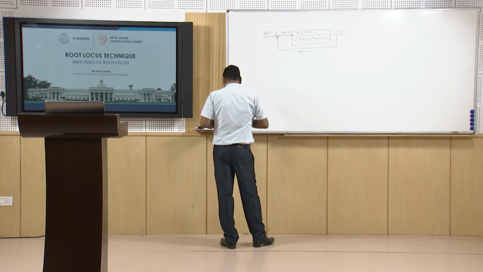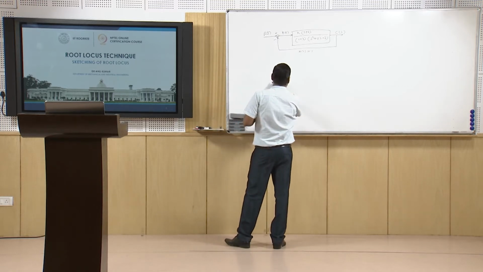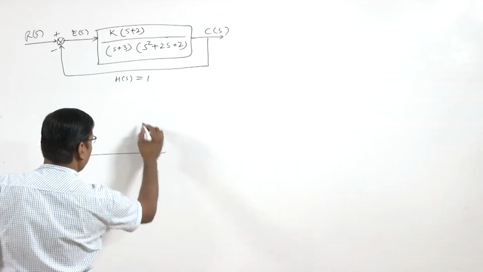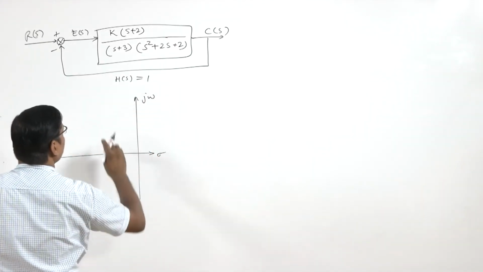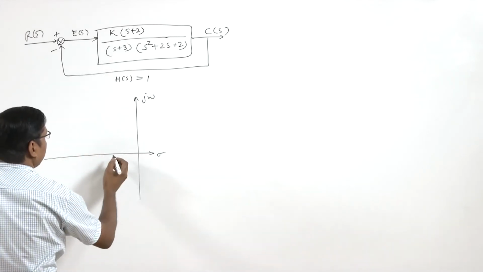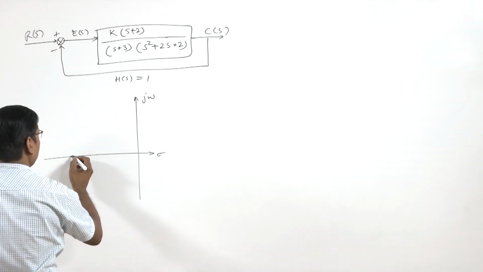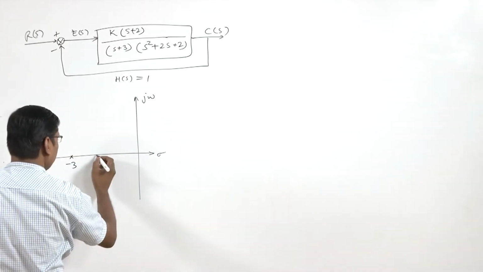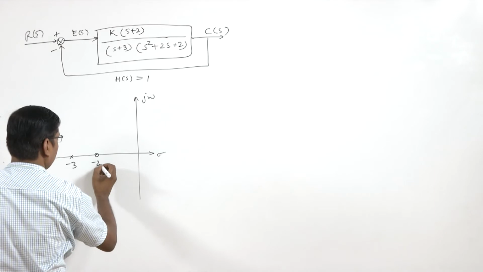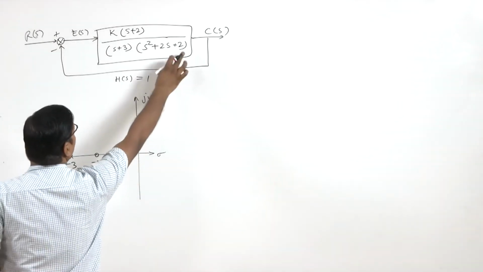So this is our sigma and j omega axis. Here one pole is at -3, and the zero is at -2. Now we have to find these poles.